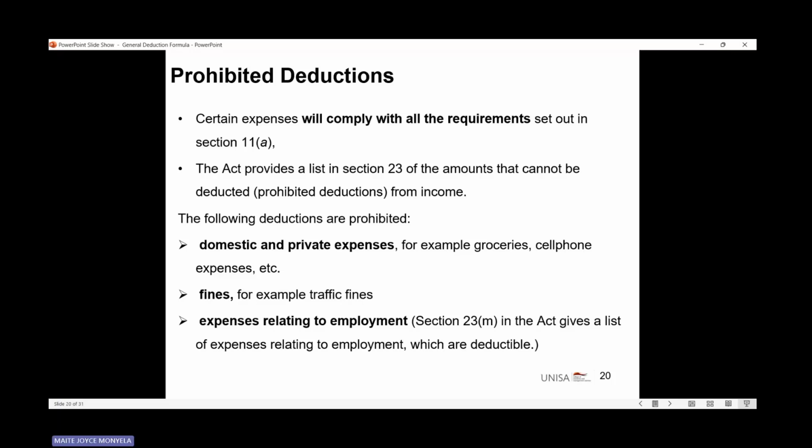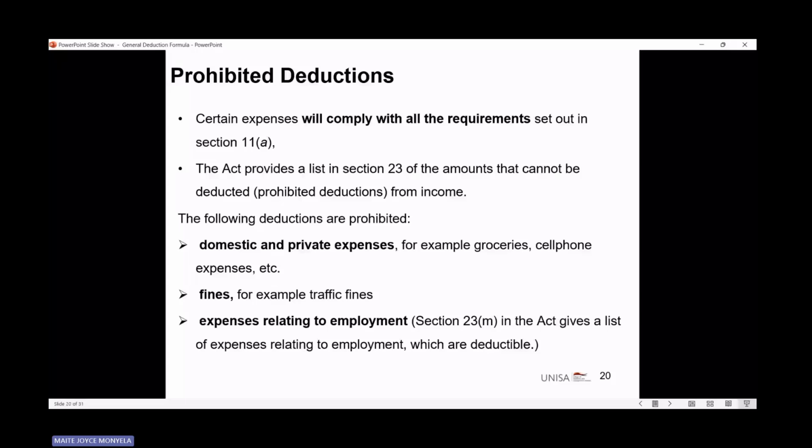Expenses relating to employment: remember, employment forms part of trade under the definition of a trade. It qualifies as a trade. Section 23M in the Act gives a list of expenses related to employees which are deductible.